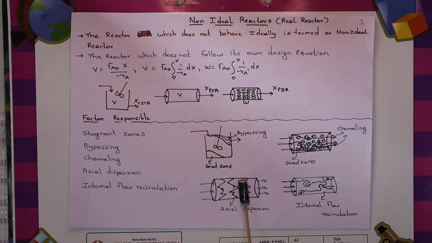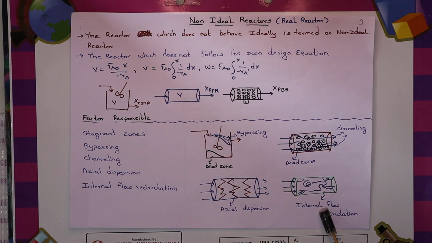So because the molecules move backwards and forwards, different times come about. For example, the molecules which move a bit backward might spend a longer amount of time in the reactor. The molecules which diffuse further ahead because of the diffusion process exit the reactor early. That means, because of this diffusion or dispersion of molecules, the time spent by the molecules in the reactor will be different.